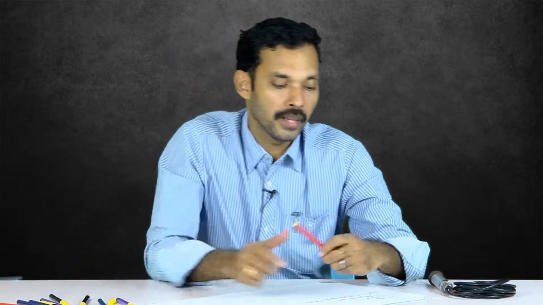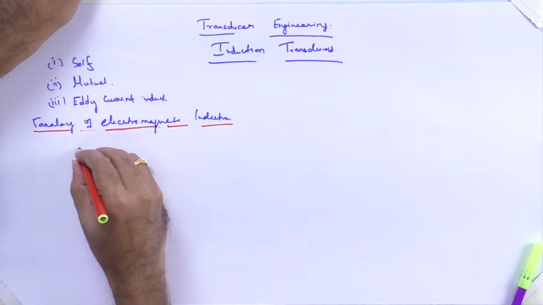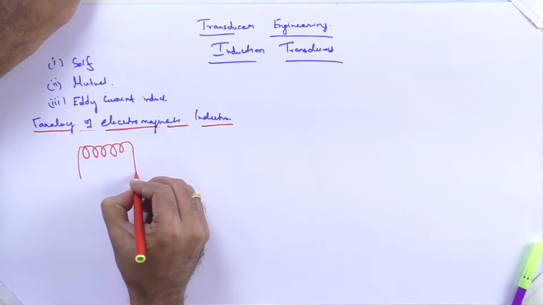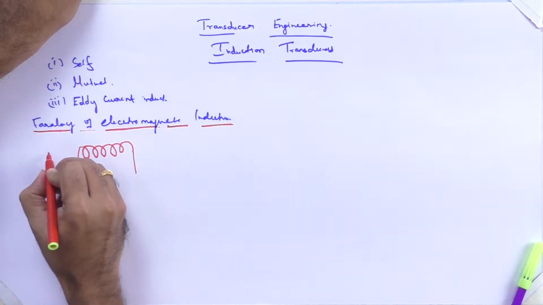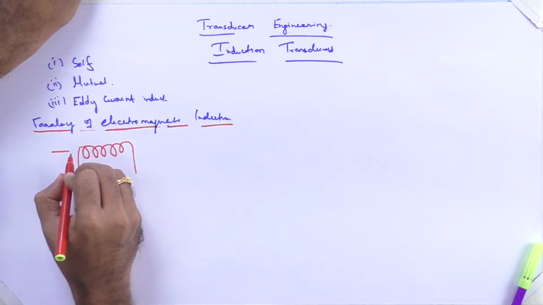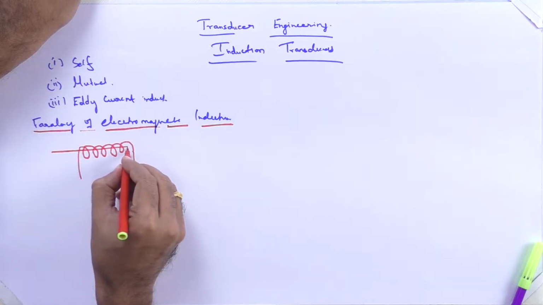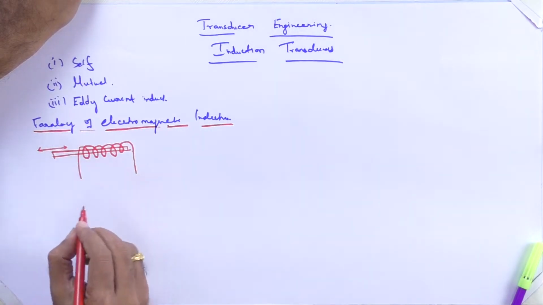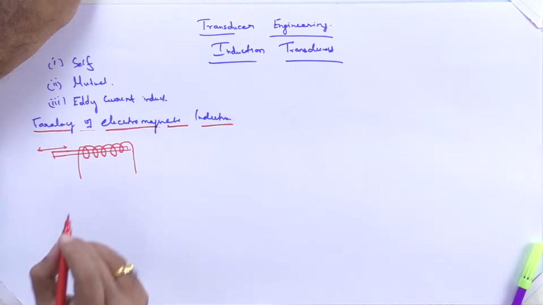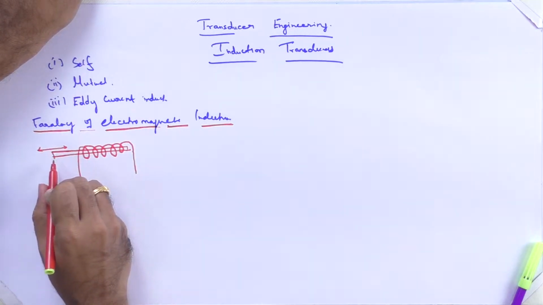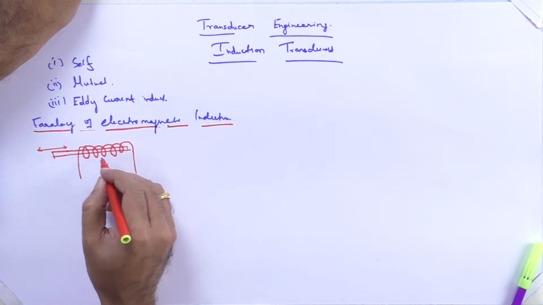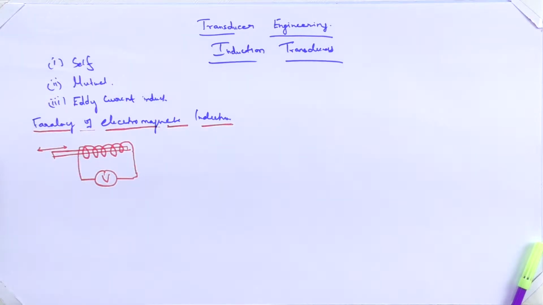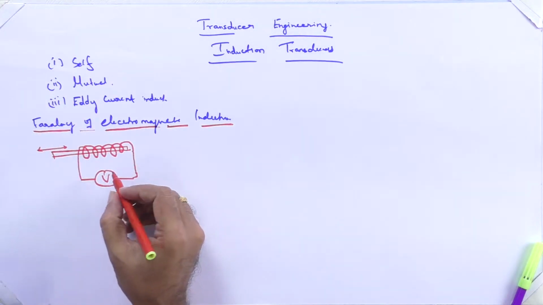To make you understand easily, I will draw a diagram. There is going to be a coil, this is a conductor, and there is a change in magnetic flux. We are going to take a permanent magnetic bar and move it in and out continuously. So there is going to be a change in magnetic flux around the conductor, and then an EMF will be generated here.